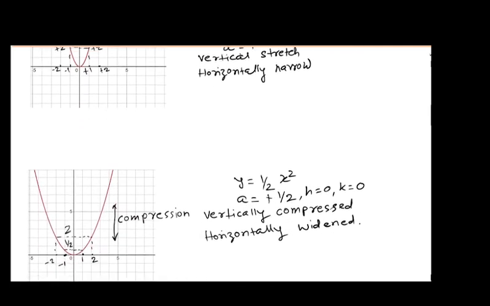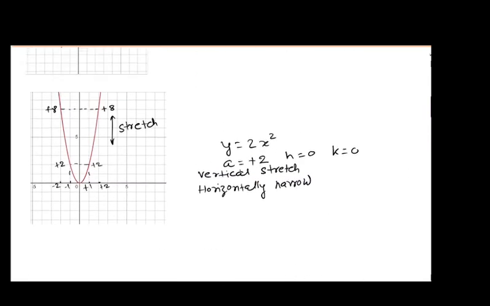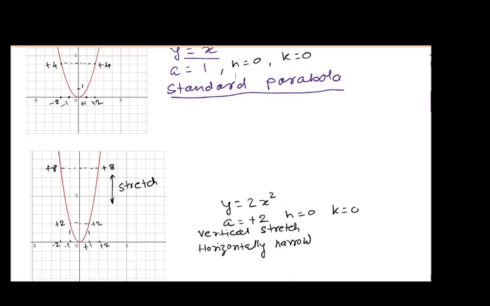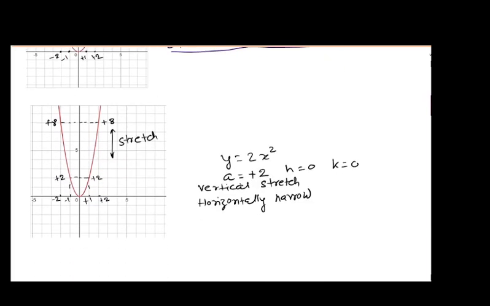Now if I reduce a, so if a is half and h and k are 0, then the parabola is compressed vertically. When I take x = 1, y will be 1/2 instead of 1 or 2 in the earlier cases. When x is 1 in the first equation, y was 1, and when x was 1 in the second, y was 2.